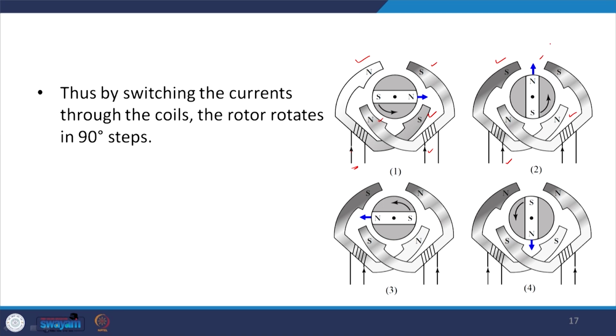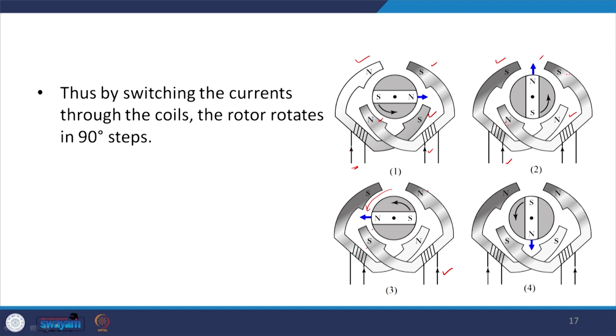And in the next turn, we change the polarity of these poles by changing the direction of current over here. So, this becomes north and this becomes south. This was the earlier condition, and so this will be attracted over here, this is already south. So, this north will be attracted over here, and there is going to be a full 90-degree rotation.